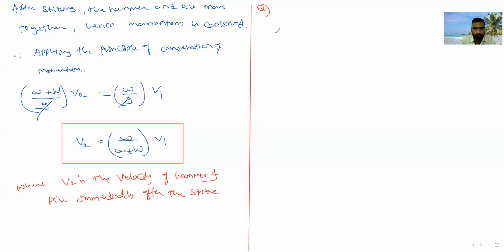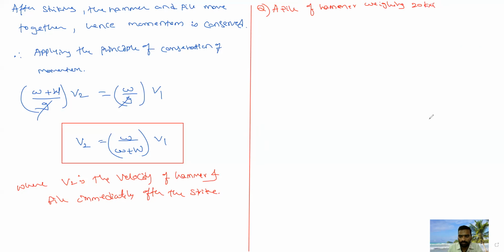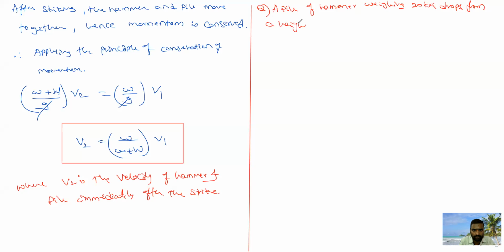To take down the problem: a pile hammer weighing 20 kilonewton drops from a height of 750 mm on a pile of 10 kilonewton.